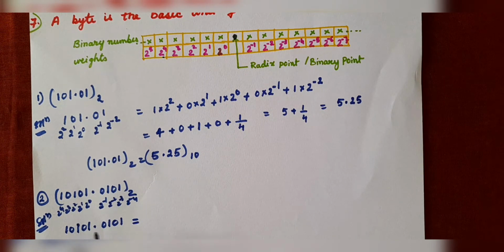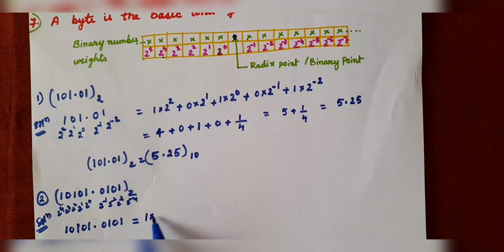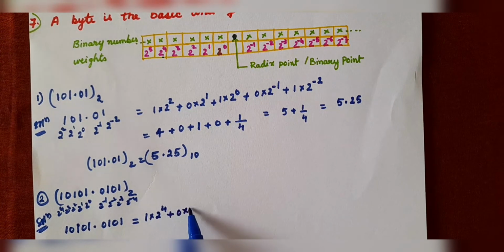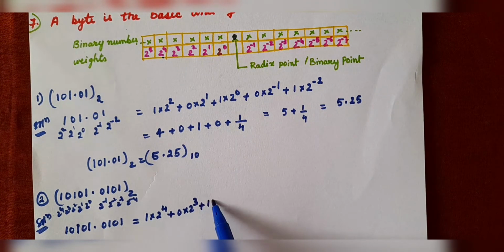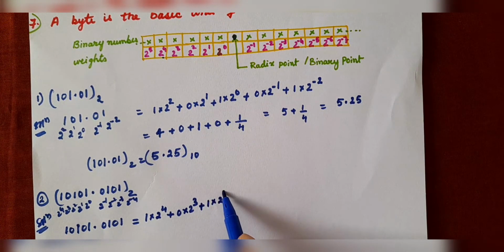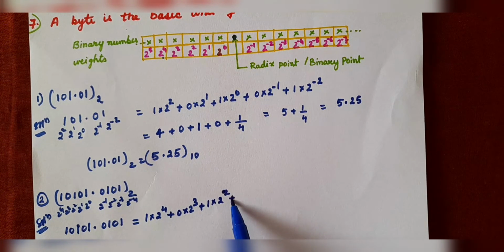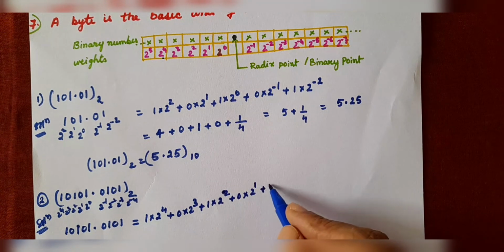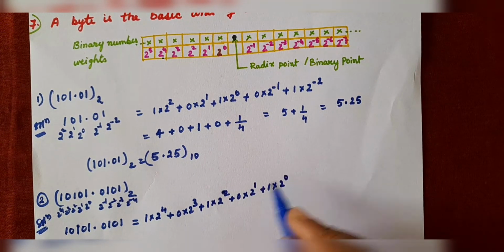This one is multiplied by 2 to the power of 4, 1 into 2 to the power of 4 plus 0 into 2 to the power of 3 plus 1 into 2 to the power of 2 plus 0 into 2 to the power of 1 plus 1 into 2 to the power of 0.